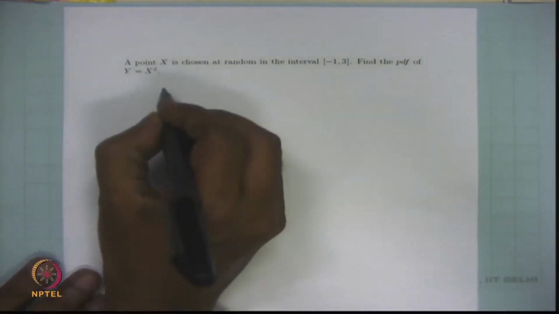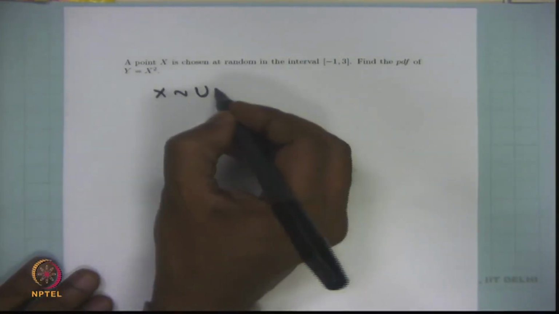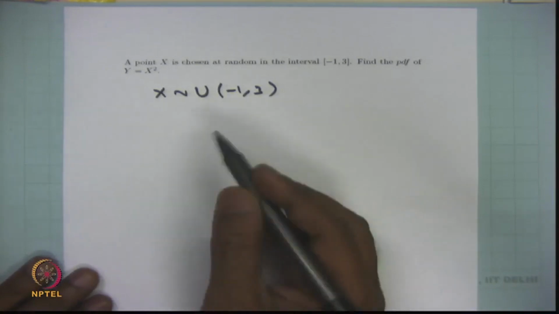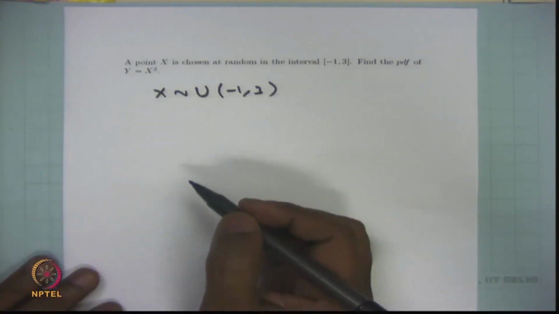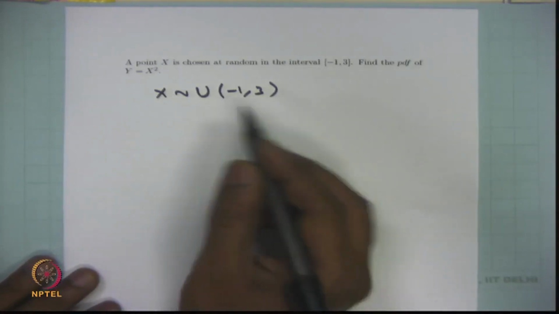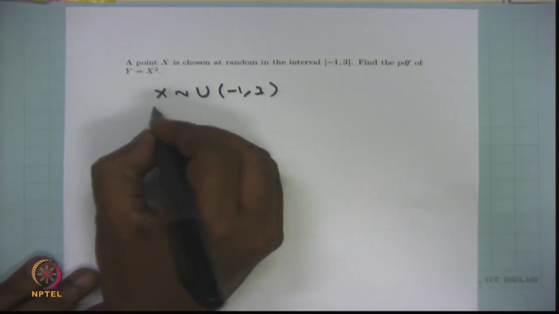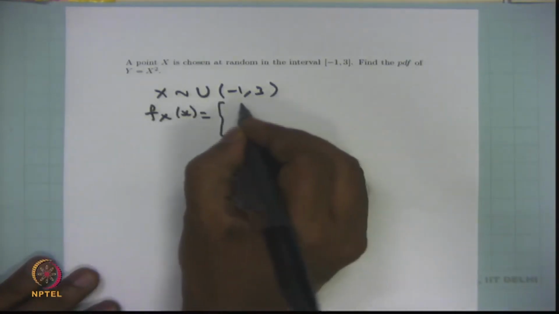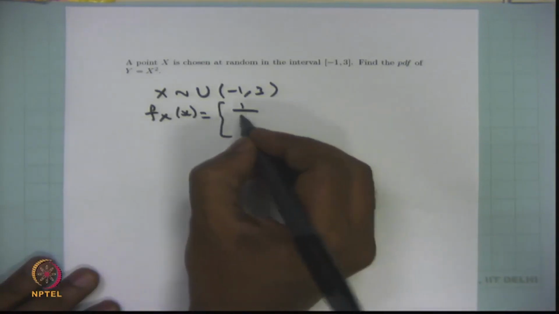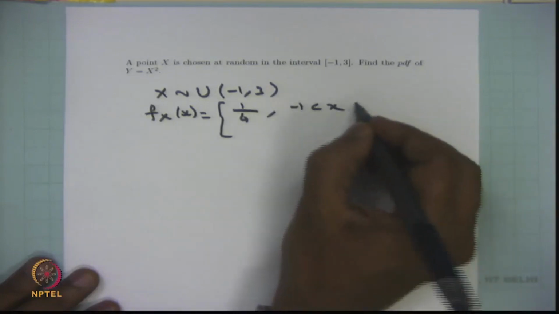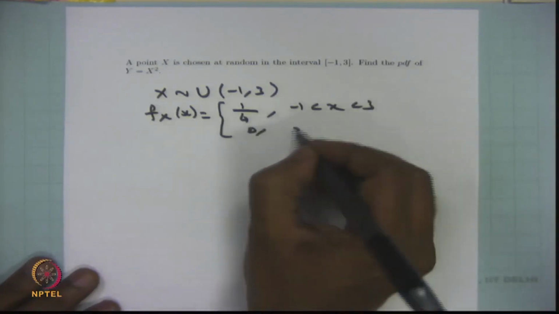Therefore, we can conclude x follows continuous uniform distribution between the interval -1 to 3. Therefore, the probability density function is going to be 1 divided by the length of the interval, that is 4, when x lies between -1 to 3, 0 otherwise.